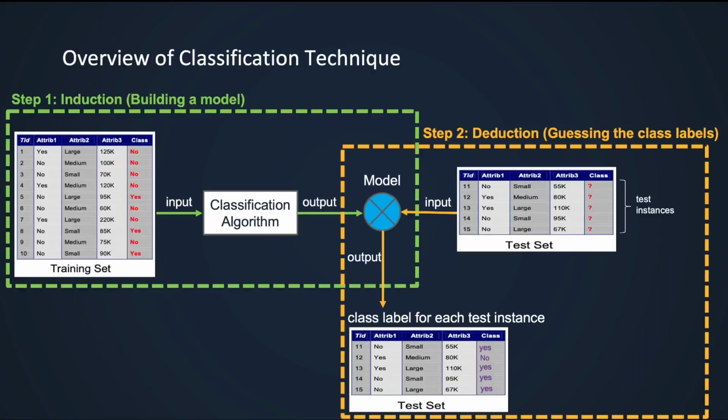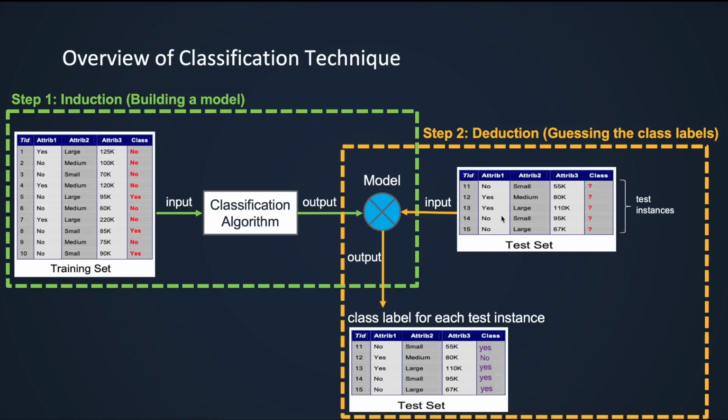Classification is basically a two-step process. The first step is called induction, where we take the dataset called training dataset, input it to a classification algorithm, and we build the model. The second step of classification is called deduction. In deduction, we try to guess the class labels of test instances.